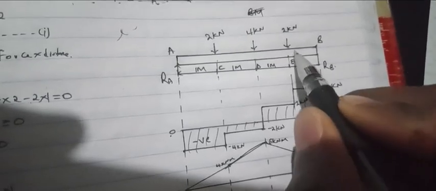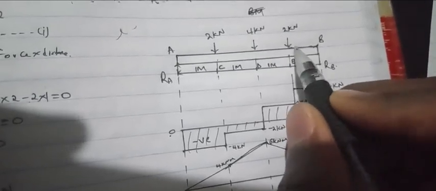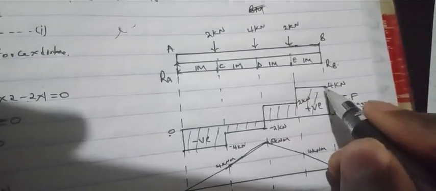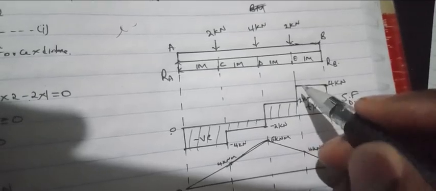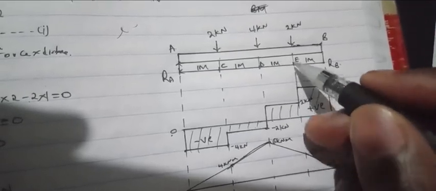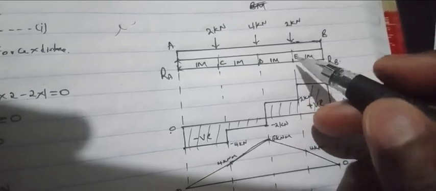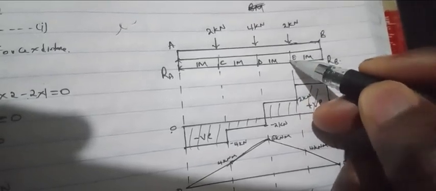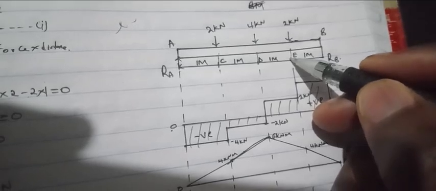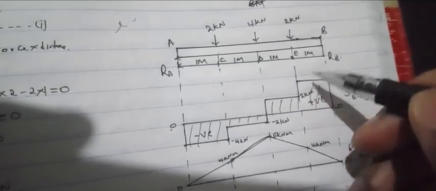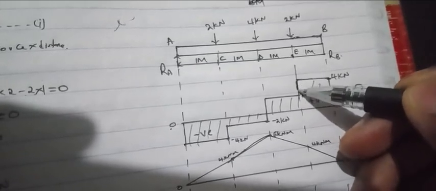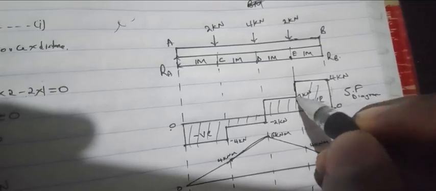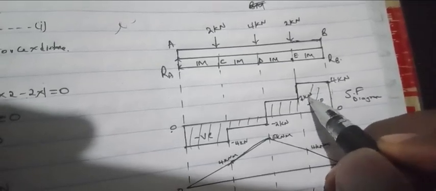Then, because we don't have any force here, it is a straight line. Then the shear force at point E was 2 kilonewton. So we shall come down up to 2 kilonewton.